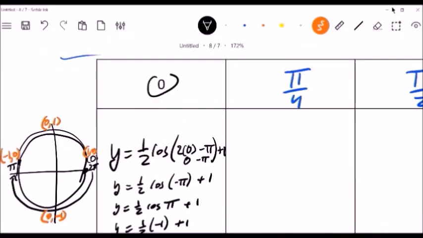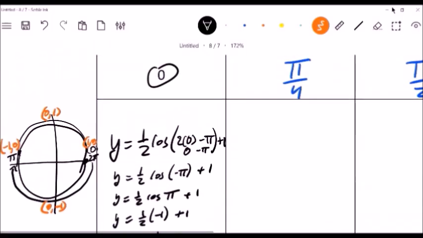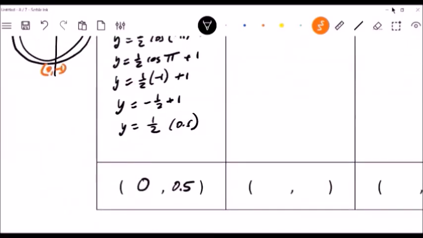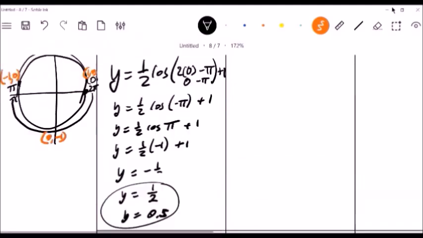So this is saying we have an x of 0. So when the degree is 0, we're at 0.5 or 1/2. It doesn't matter which one, I'll do 0.5 this time. Actually, I want to write that so it's not misleading. Either of these would be okay.